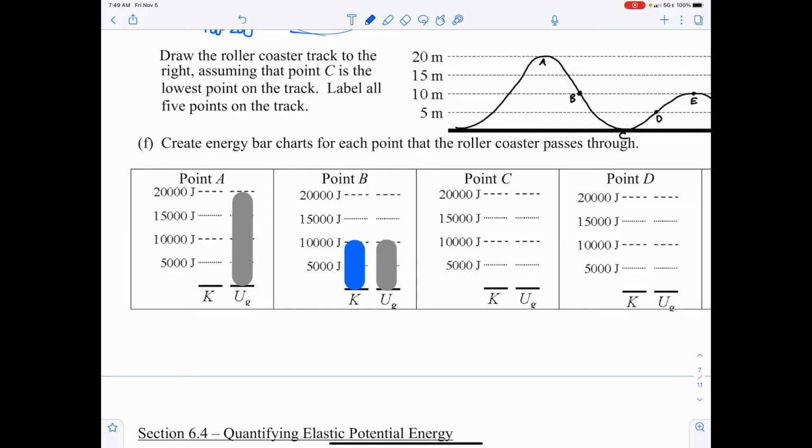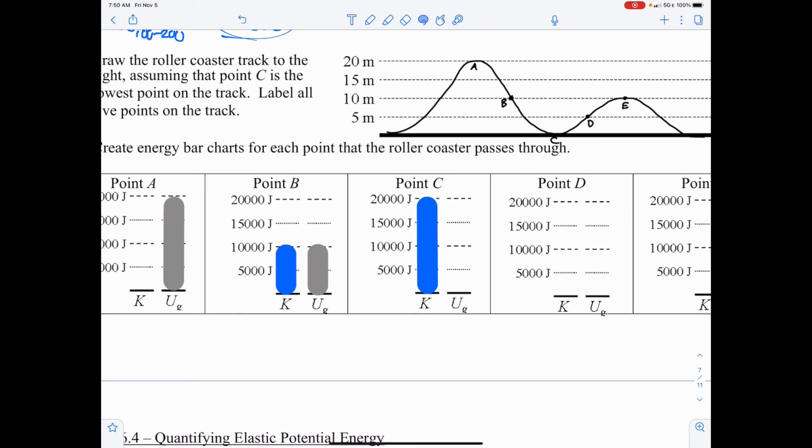At point C, we have nothing but kinetic energy all the way down. Okay, so at point C, the gravitational potential energy at point A is completely transformed into kinetic energy. Now point D is half the height of point B. So if point D is half the height of point B, that means point D has half the potential energy of point B. Half the potential energy, half the height.